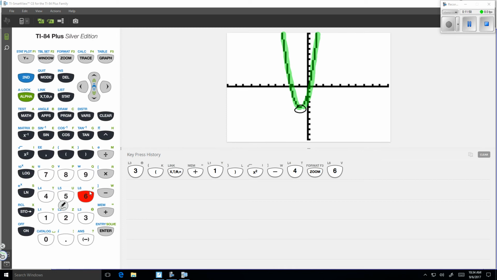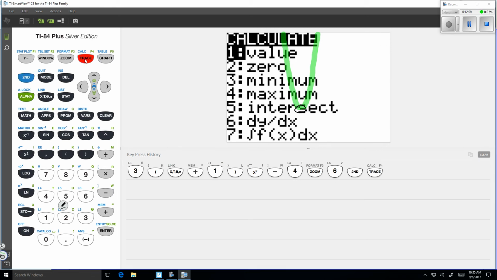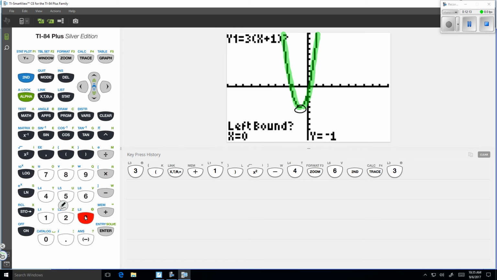So then we're going to identify that with the calculator. So what I'm going to do is go to the calc menu, second calc, and I'm going to choose number 3 for minimum.